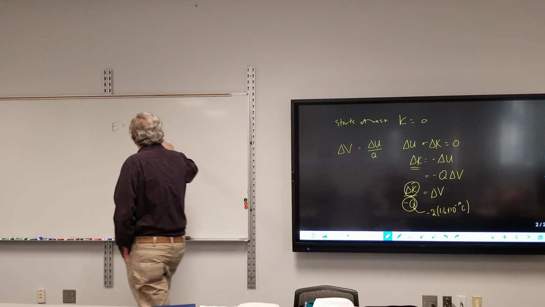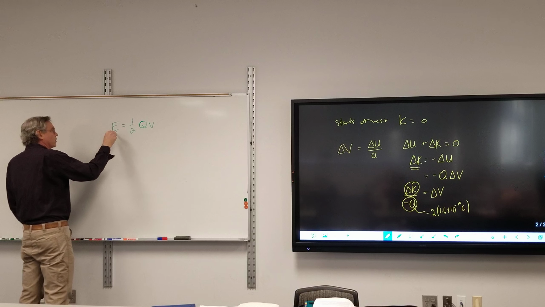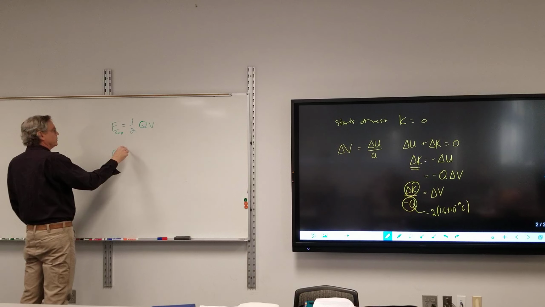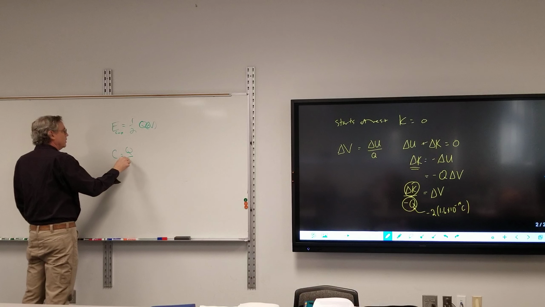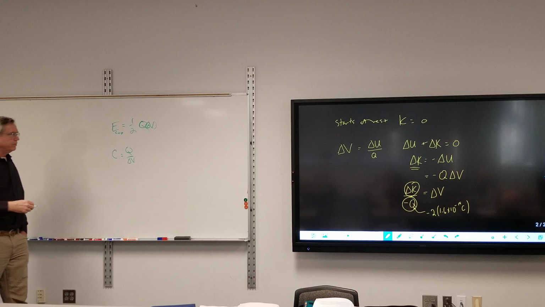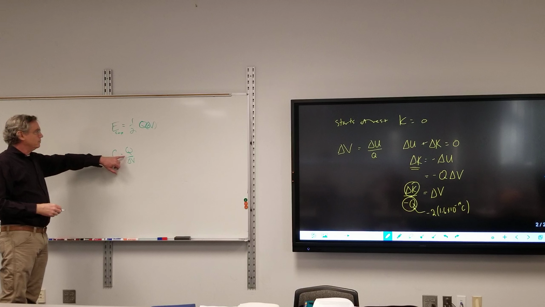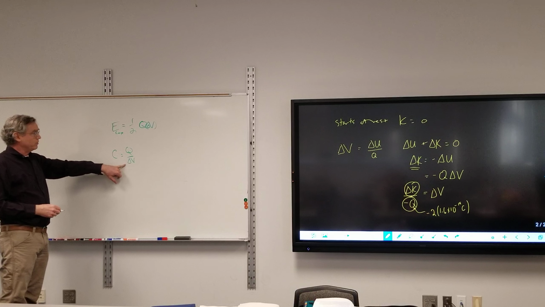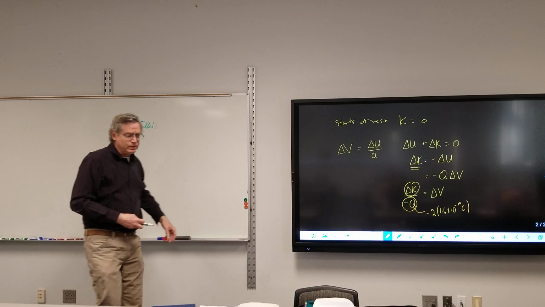The energy is one half QV. I know that for a capacitor, capacitance is equal to Q over delta V, using absolute values of everything. I can solve for Q, plug into here, and have it in terms of C and delta V, or solve for delta V in terms of Q and C. So there are three variations of the formula.